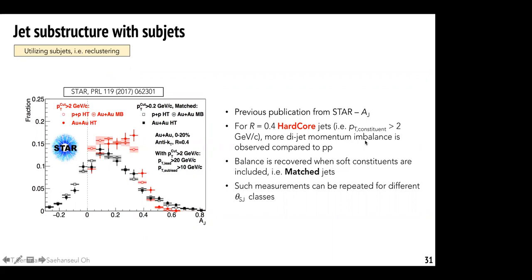This dijet momentum imbalance is from jet quenching, and it's a signature of jet quenching, and balance is recovered when soft constituents are included, which are matched jets. So such measurements did see the jet quenching signature, and we can repeat the measurement for different theta SJ classes.